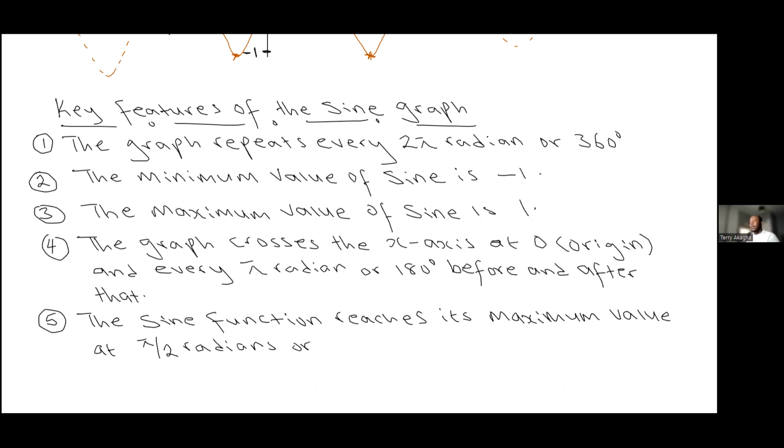If it's in radian, it's going to be pi over 2, and if it's in degrees, it's going to be 90 degrees. Then after that, every revolution, so that means every 2 pi radian or 360 degrees before and after that.